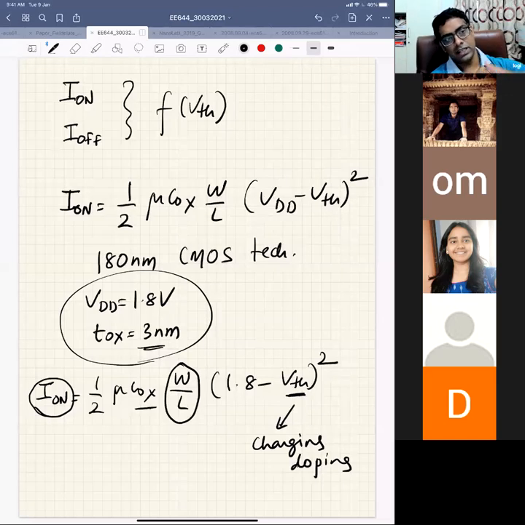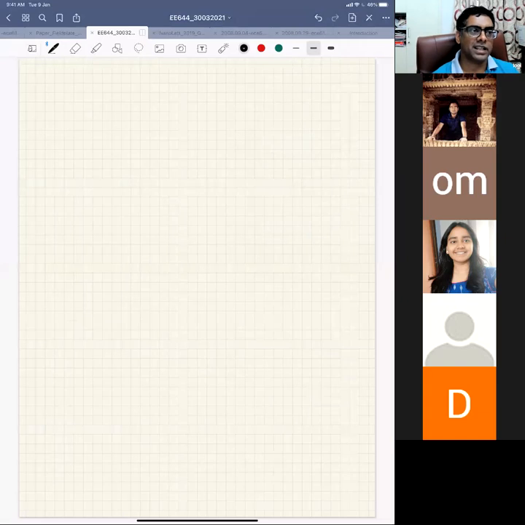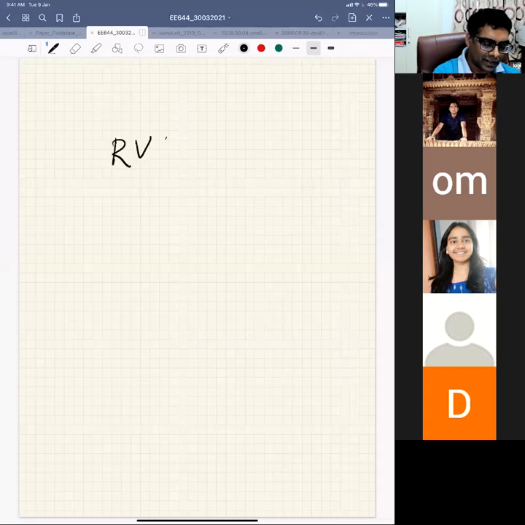So that's the reason during device design, you make sure that you have different transistors with different substrate doping. That will give you different threshold voltage, and based on that, we have different transistors in a particular technology. If you open any PDK, let's say 180 nanometer UMC PDK or any PDK, you will see you have a regular VT transistor, a low VT transistor, a high VT transistor, a super high VT transistor.